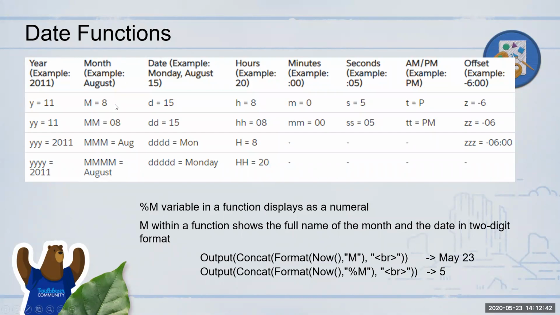Based on experimentation and some of the documentation, what I found is if you use M in the functions, it will give you the abbreviated full name of the month along with the 2-digit date. But if you use %m, it will give you the specific numeric value of that month. Okay, so be careful on how you actually want it.